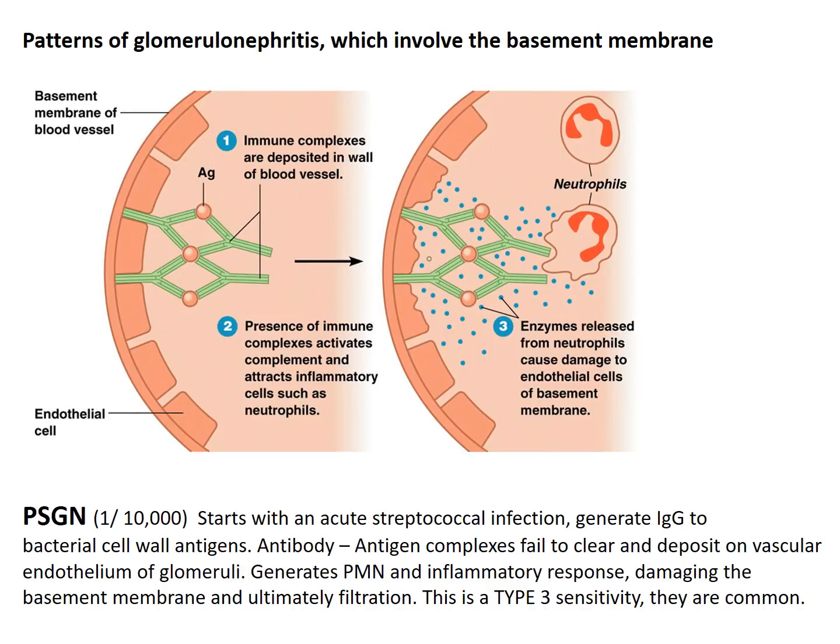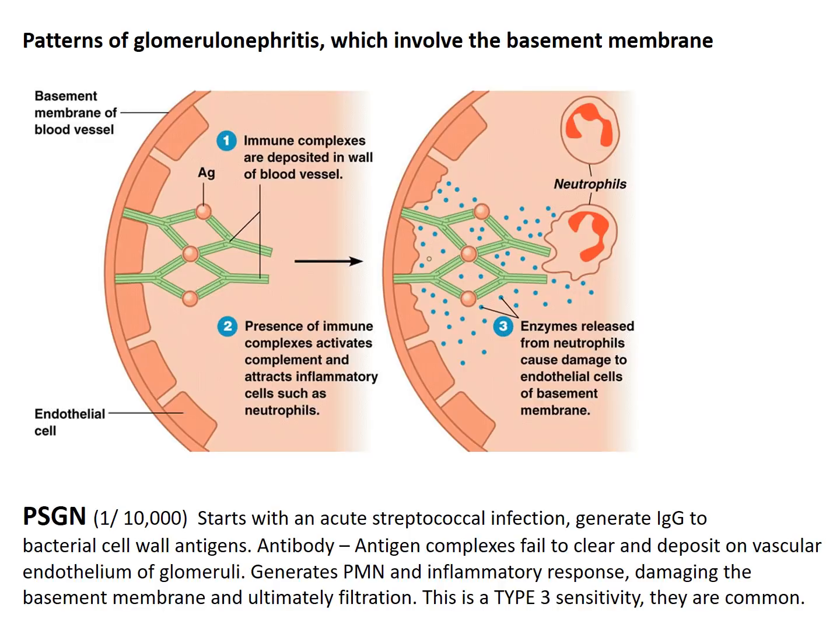This is referred to as a type 3 hypersensitivity reaction. Type 3 hypersensitivity reactions are antigen-antibody complexes which deposit on basement membranes, and then an inflammatory response generates to those antigen-antibody complexes. In this case, the inflammatory response is happening in the glomeruli, so this is one form of glomerulonephritis.